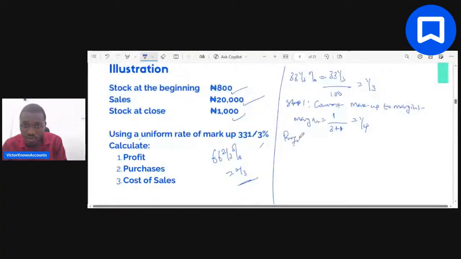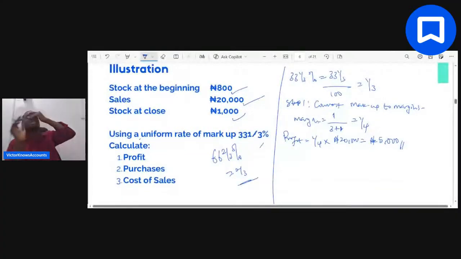Your profit will now be 1/4 multiplied by sales, 20,000. That will give us 5,000 naira. So profit is 5,000 naira. We have gotten that.